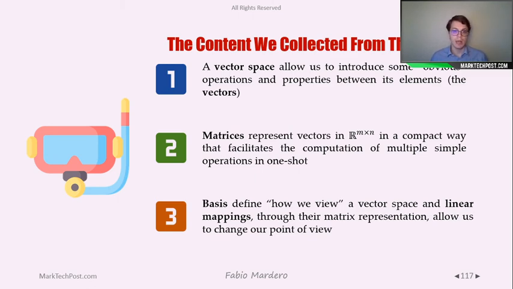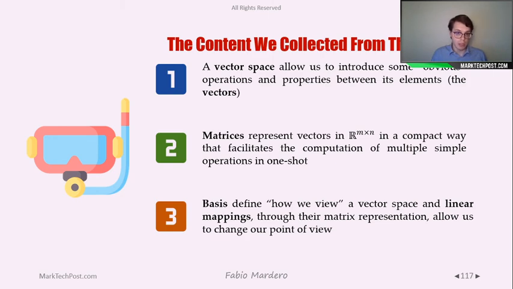The third key element are the bases. The bases define how we view a vector space, and we have already seen that linear mappings allow us to change this perspective and go from one basis to another, using the matrix representation of linear mappings.